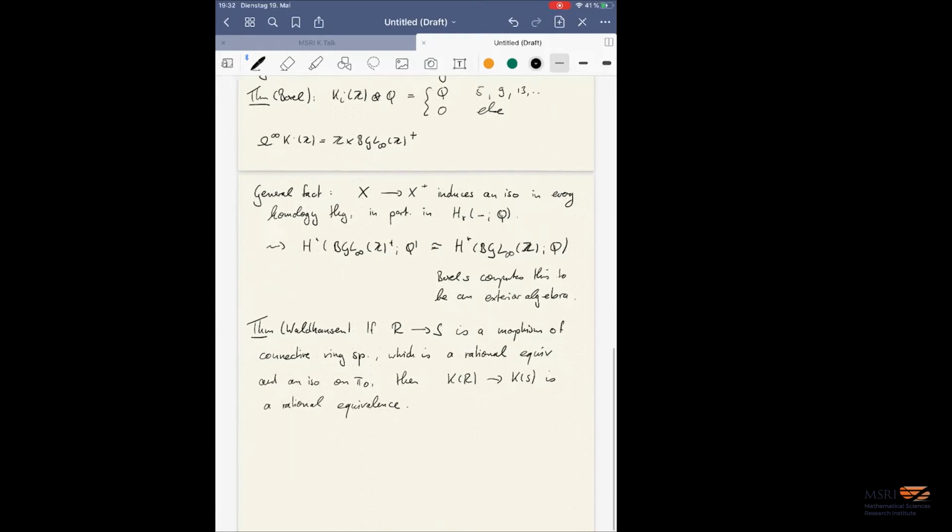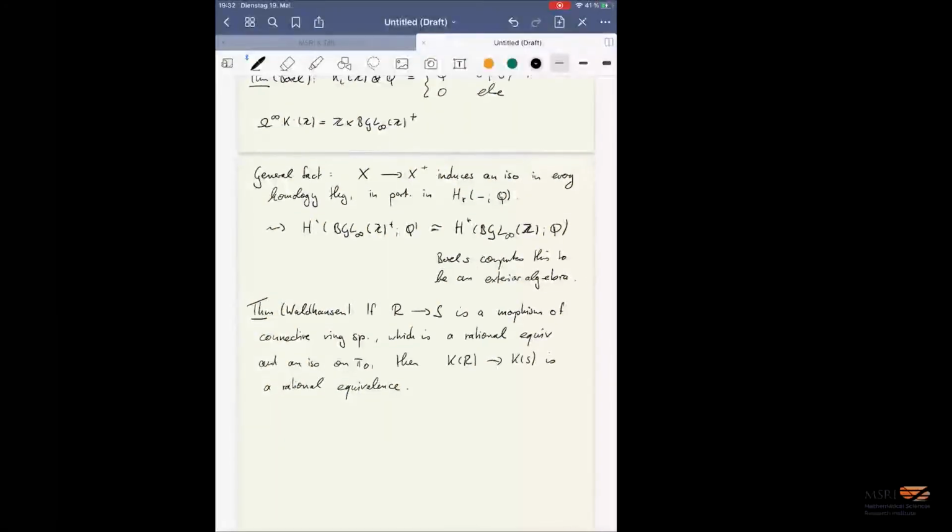So when you see a theorem like this, you might ask, is it not maybe true in general that if R to S is a rational equivalence, the morphism of K-theory spectra is also a rational equivalence?